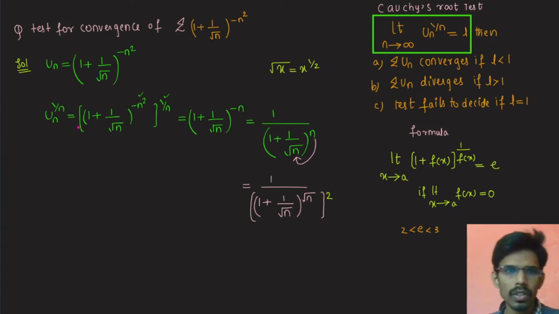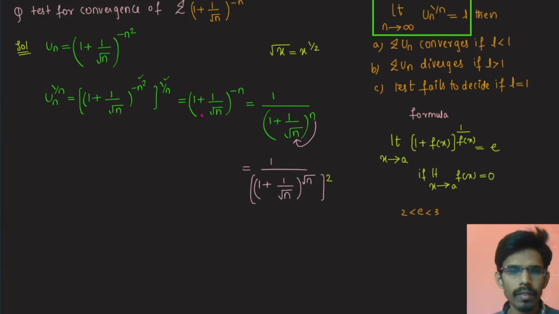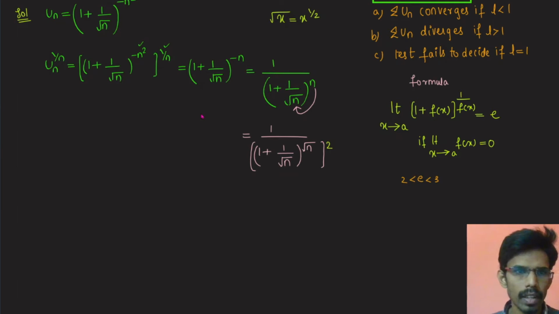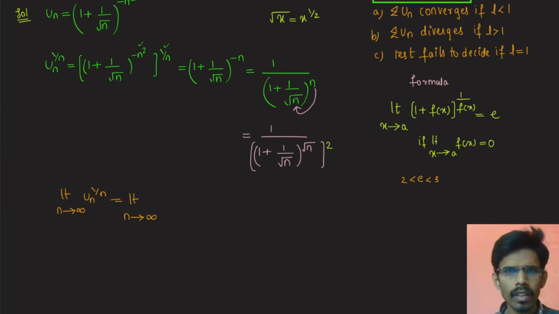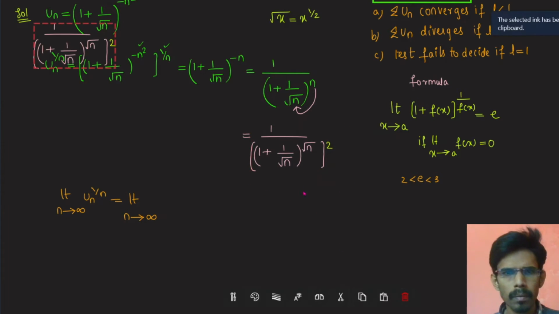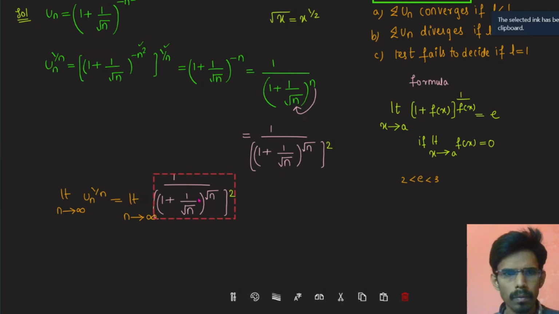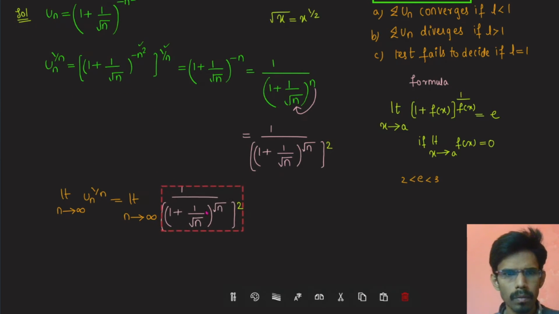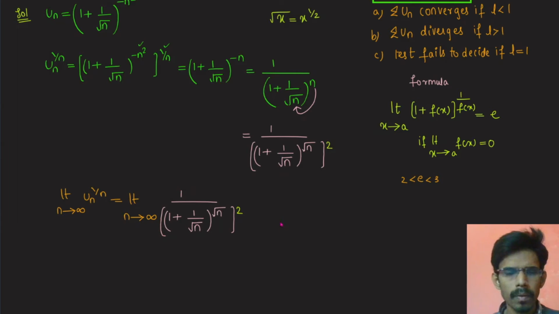So now apply the limits on both sides. If I apply the limit, we have limit n tends to infinity un power 1 by n is equal to limit n tends to infinity, right.